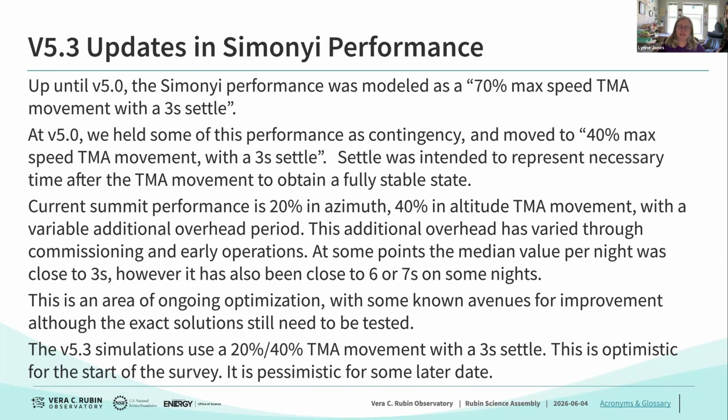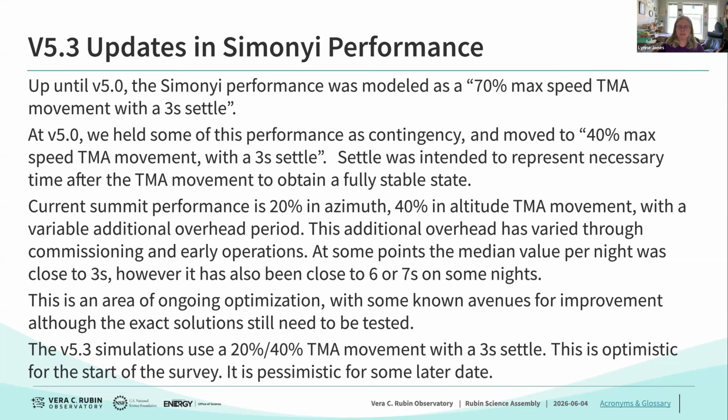When we said settle in this model, it was intended to represent the necessary time after the TMA movement to achieve a fully settled, stable state. Now, what are we seeing at the summit? The current summit performance is that they have split up these velocities and accelerations in altitude and azimuth a little differently than we had expected.